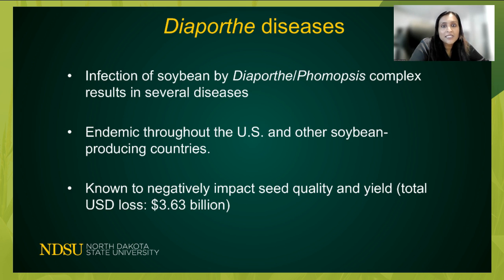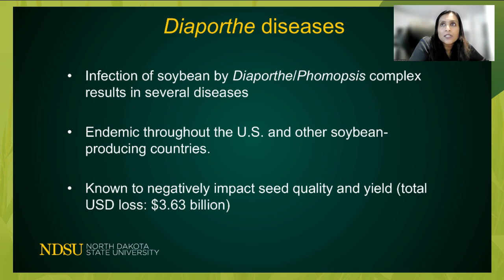There are several diseases that are caused by the Diaporthe genus. And what I mean by genus is basically a family. We're talking about a group of organisms that can infect soybeans and result in several diseases. So traditionally, or I would want to say historically, these diseases were named based on the plant parts Diaporthe organisms infect soybean.